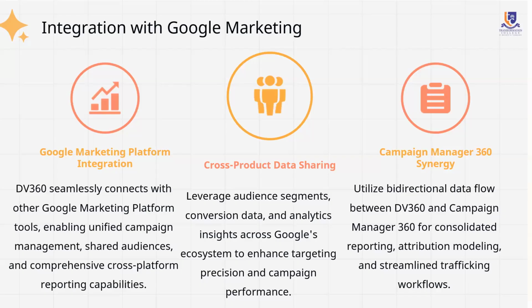On cross-product data sharing, this gives you leveraged audience segments, conversion data, and analytics insights across Google's ecosystem to enhance targeting precision and campaign performance. This just means that you can easily use all the data on Google to determine what kind of campaign you're running.